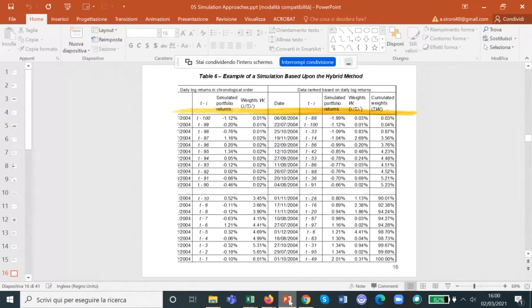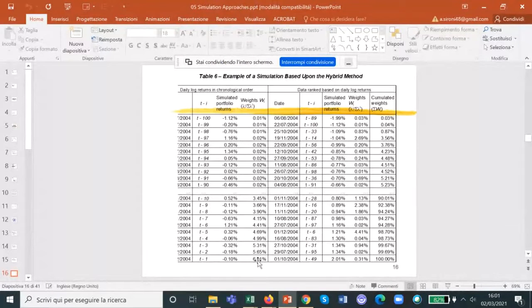What you have here is a very simple example of a portfolio with 100 daily past returns, which is the example we saw before. As you can see in the first part of the table, you have the dates, the simulated portfolio returns, and then the weights in the third column, which are exactly the same as the ones we saw when we discussed the exponentially weighted approach.